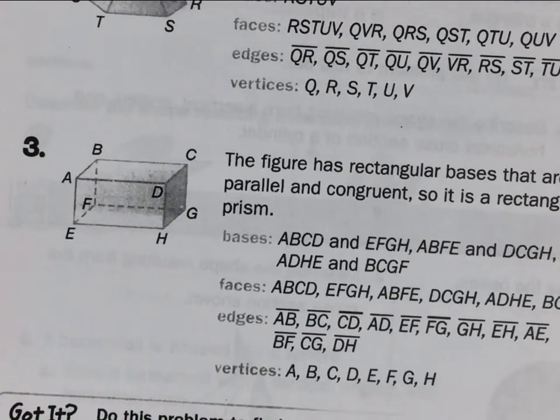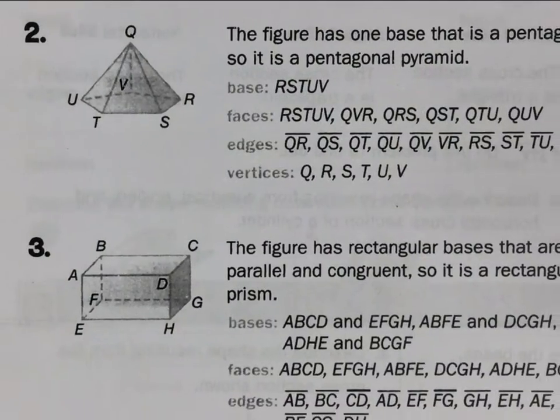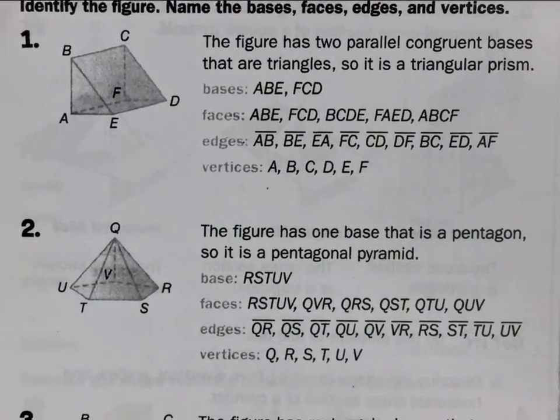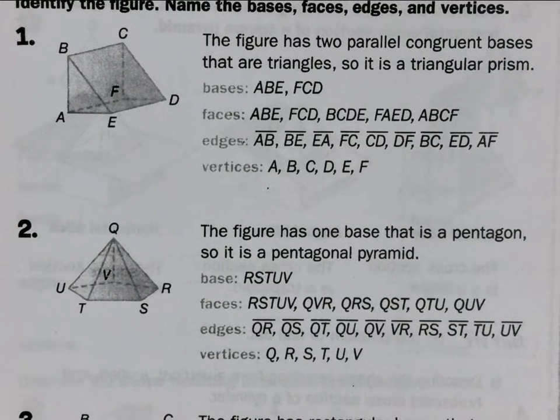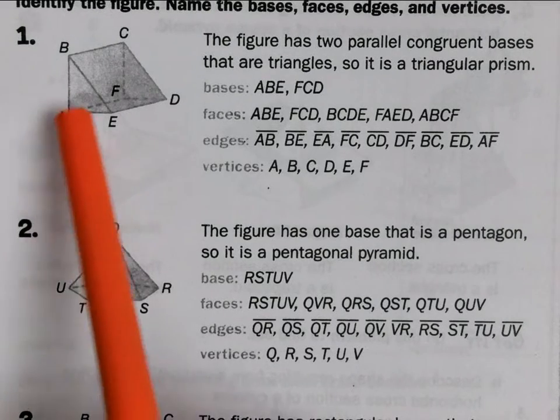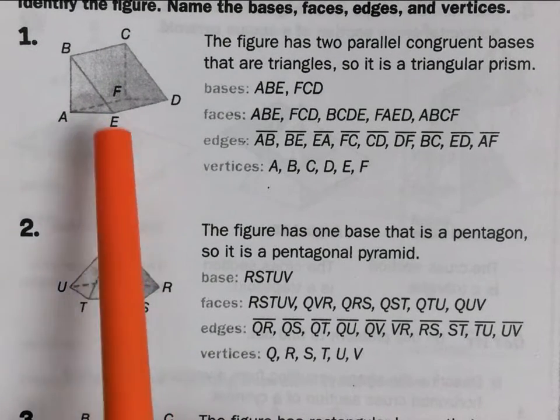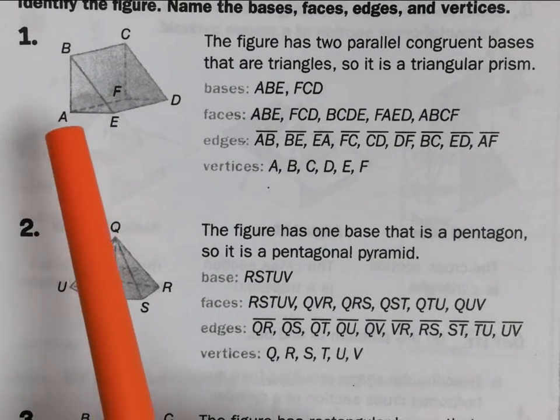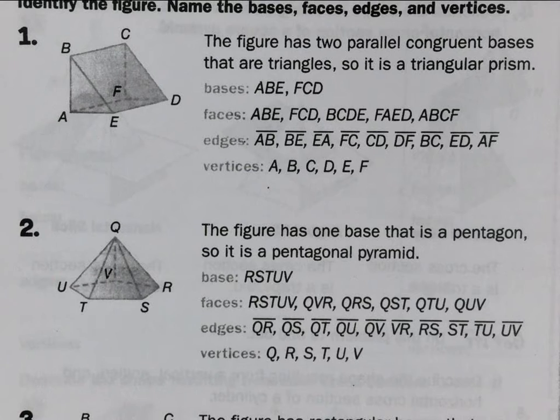All right, so let's look at these 3 examples. They have done them for us, but we're going to go through and figure out how they got their answers. So first off, we are naming the figure and then telling what the bases, the faces, the edges, and the vertices are. So first off, is this a prism or a pyramid? This would be a prism. But I want to be more specific.